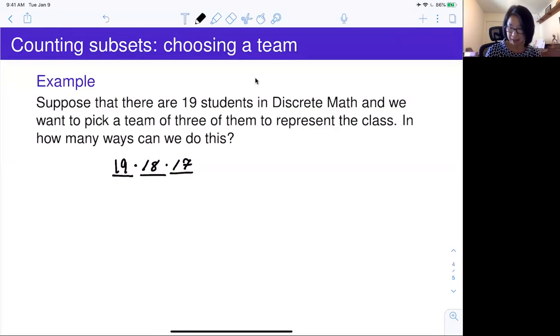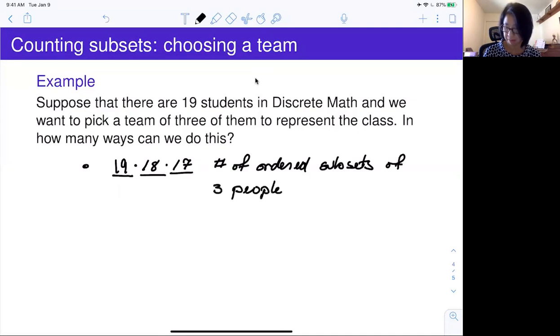So we have to divide. This is how many lists of three people I can make from our class, but I have to divide by the number of ways of reordering this list. So this is the number of ordered subsets of 3 people chosen from our class.